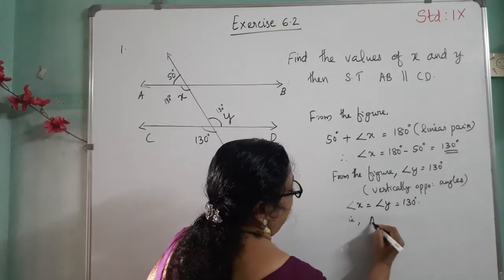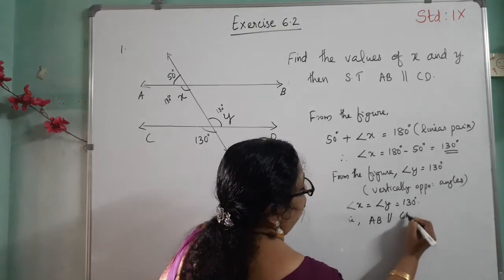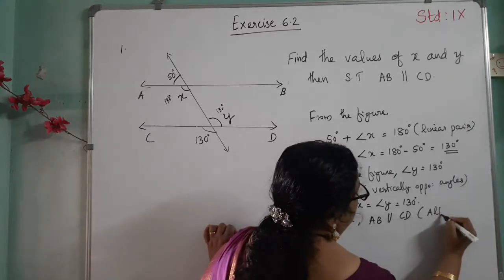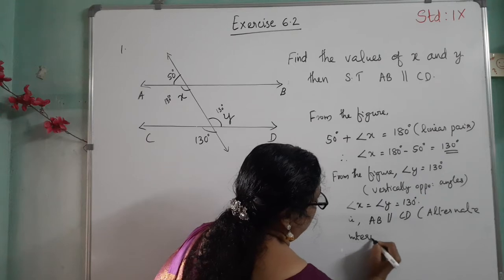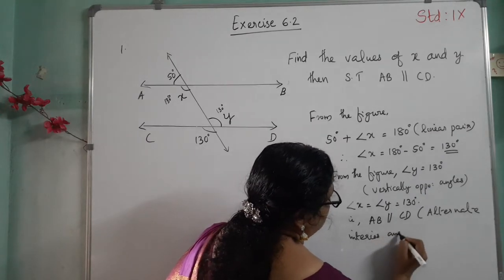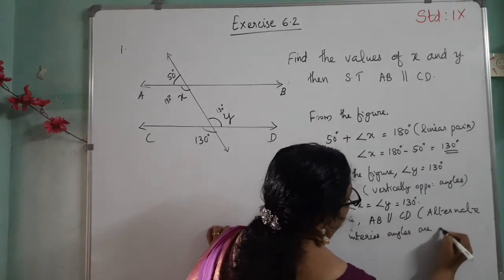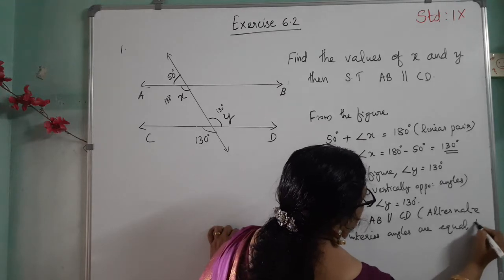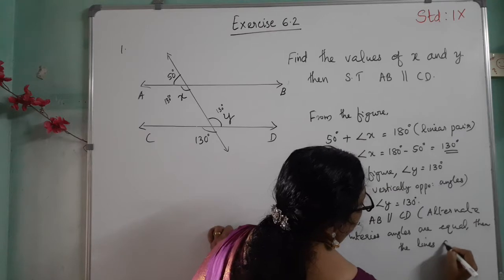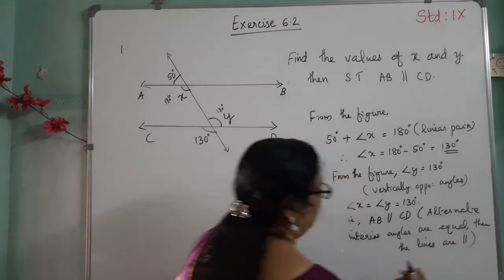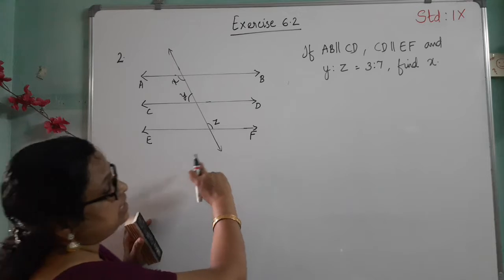That is, AB parallel to CD. Reason, alternate interior angles are equal, then the lines are parallel.